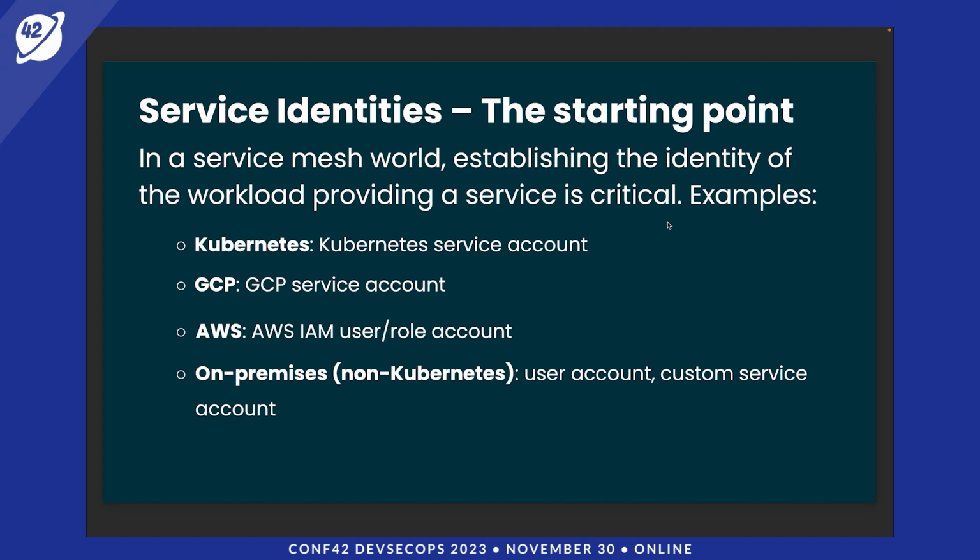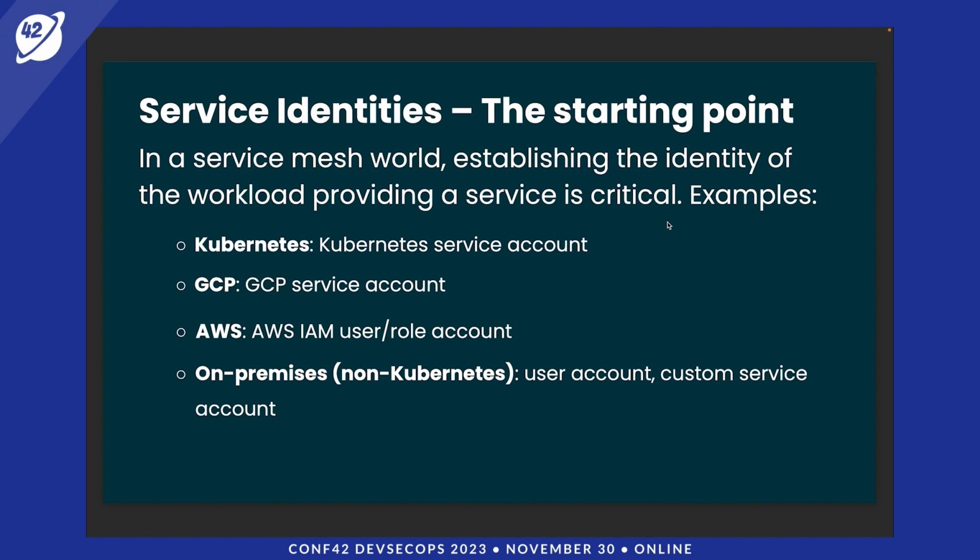Once we have established identities assigned to each service, then we can start implementing authentication and authorization policies. There are different ways to assign identities to the services inside your service mesh. One of the very common ways is using the service account.